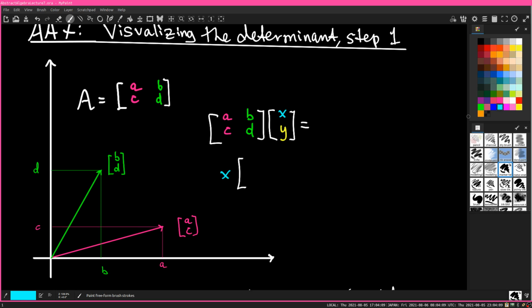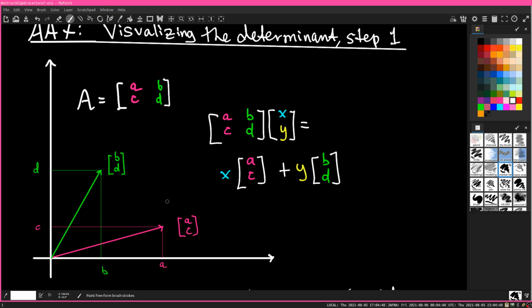So you can imagine scaling this vector AC by some factor x, scaling this vector BD by some factor y, and then doing the standard tip-to-tail vector addition to get their linear combination.